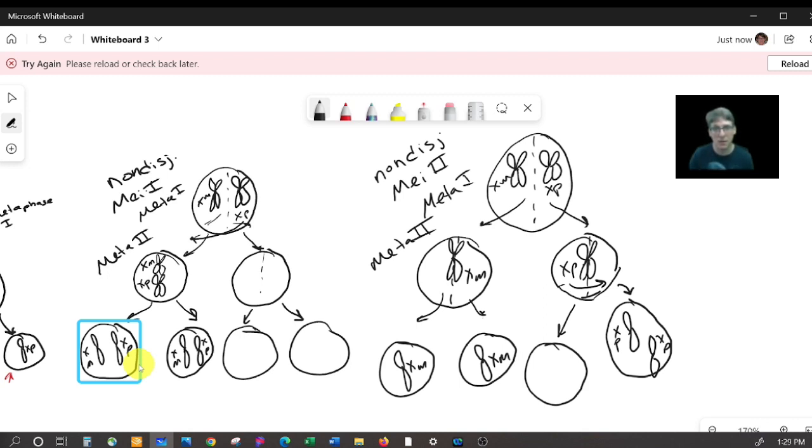These gametes have an extra X chromosome, but they're a maternal and a paternal X chromosome. When we have non-disjunction in meiosis 2, here we have 2 X chromosomes, but they're both paternal and paternal. Okay, so they're the same exact identical chromosomes. So that's an important distinction.